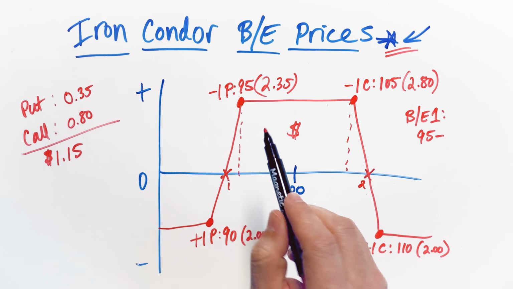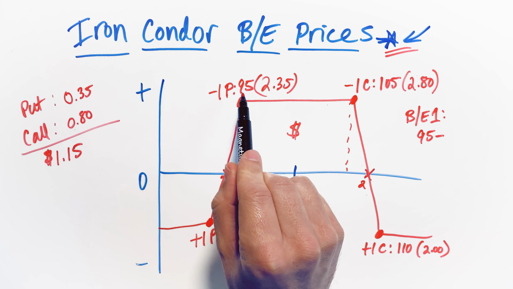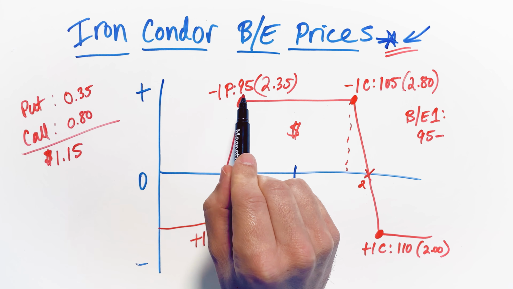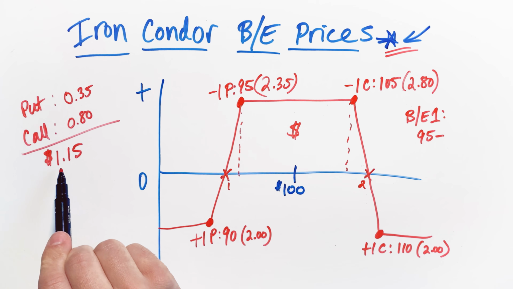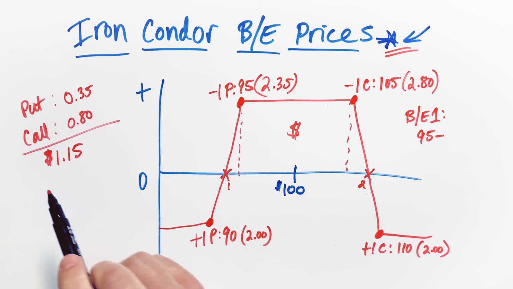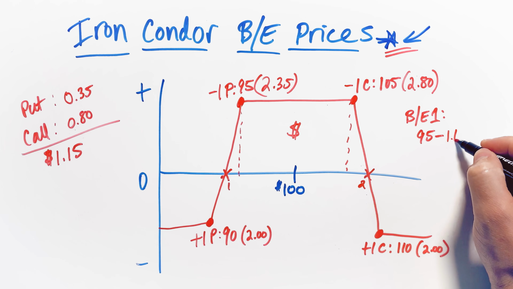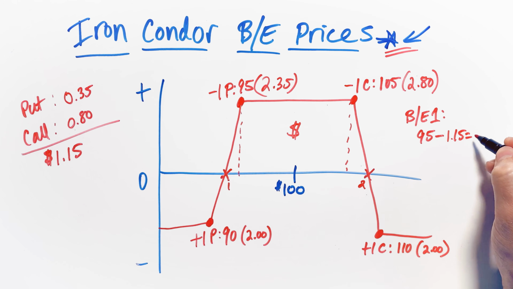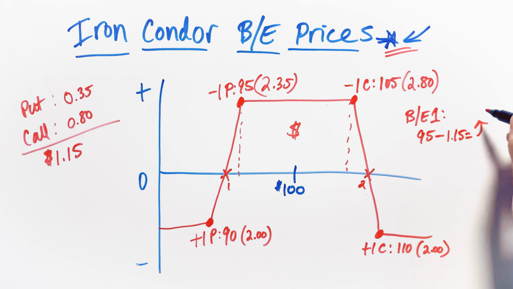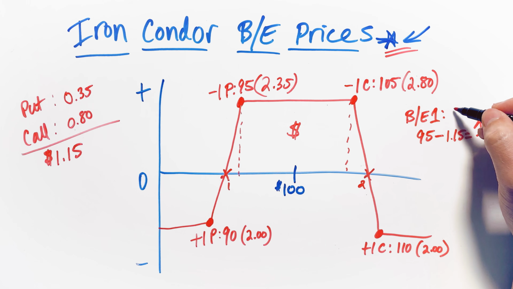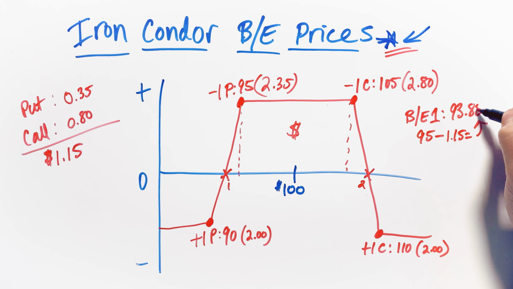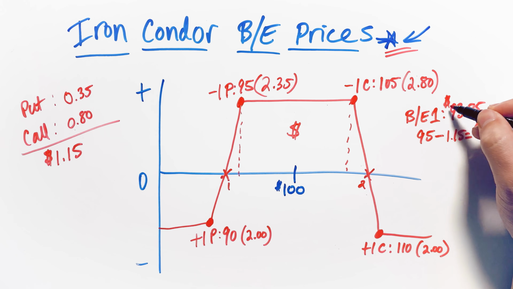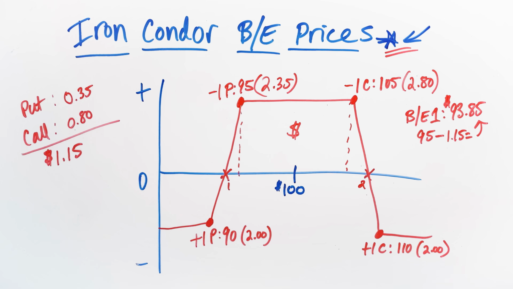So I take the 95 strike and subtract the credit received, 1.15, and that leaves me with break-even point number 1 at 93.85. That is our first break-even point.